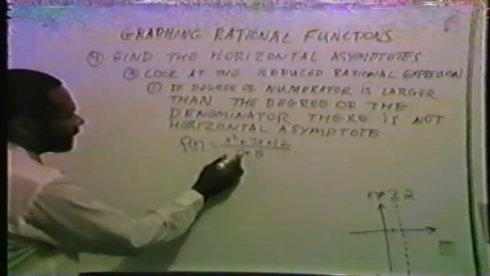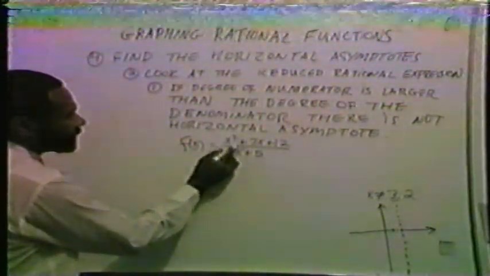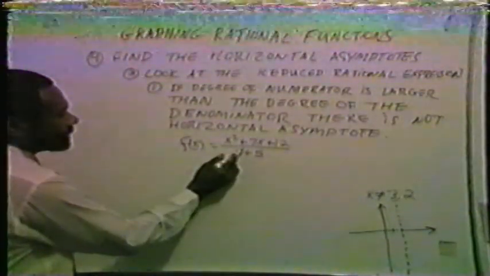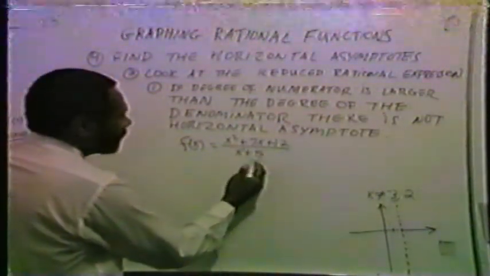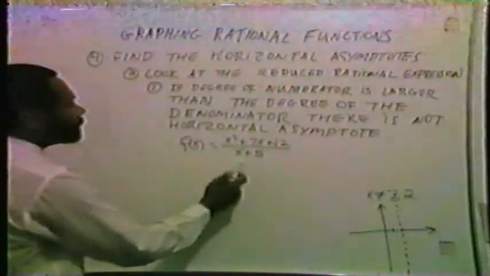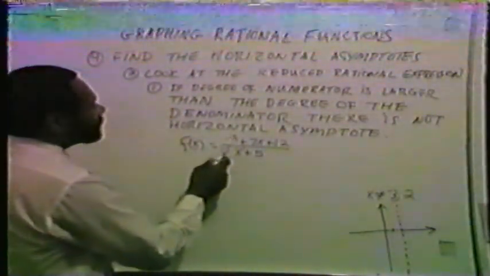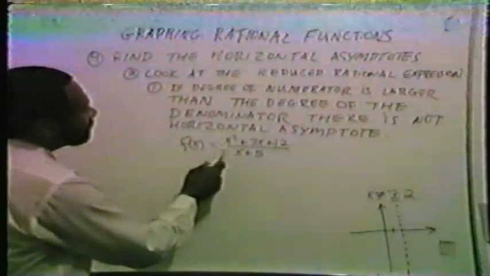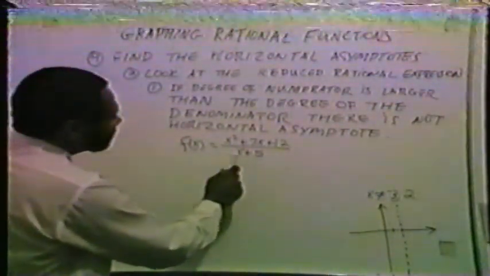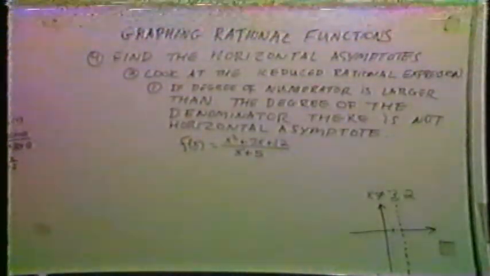So 2 is greater than 1. My degree here is greater than my degree there. So of course this can't be reduced. That means that it's already reduced to lowest terms. So that means that there will be no horizontal asymptote for this rational function.